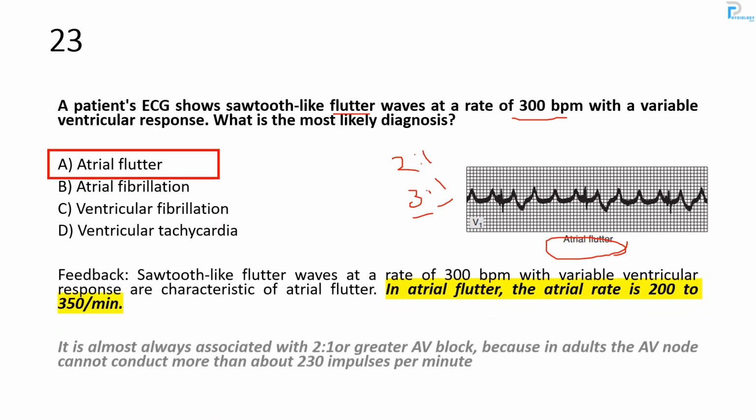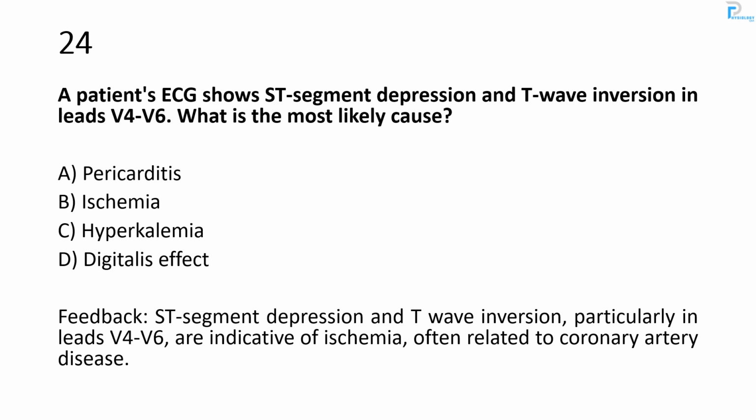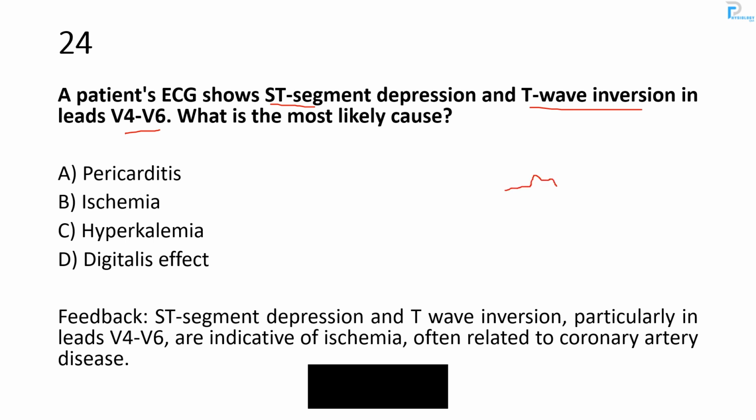A patient's ECG shows ST segment depression and T wave inversion in leads V4 to V6. I mentioned that earlier. So you have Q, R, then S, then the ST segment and T wave.